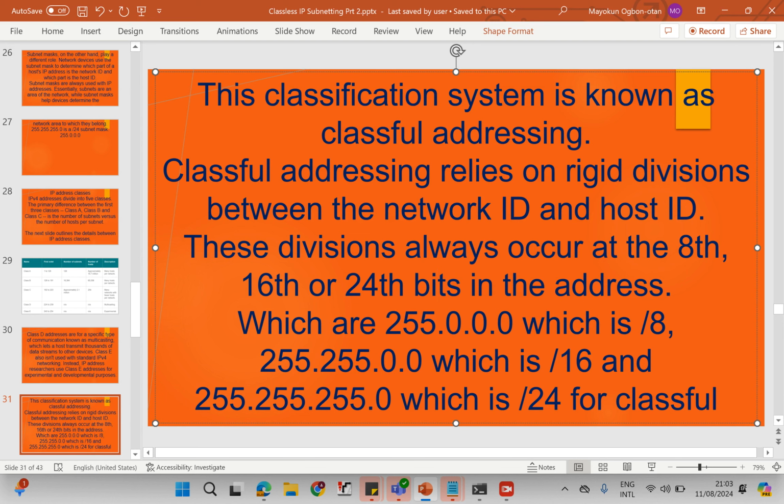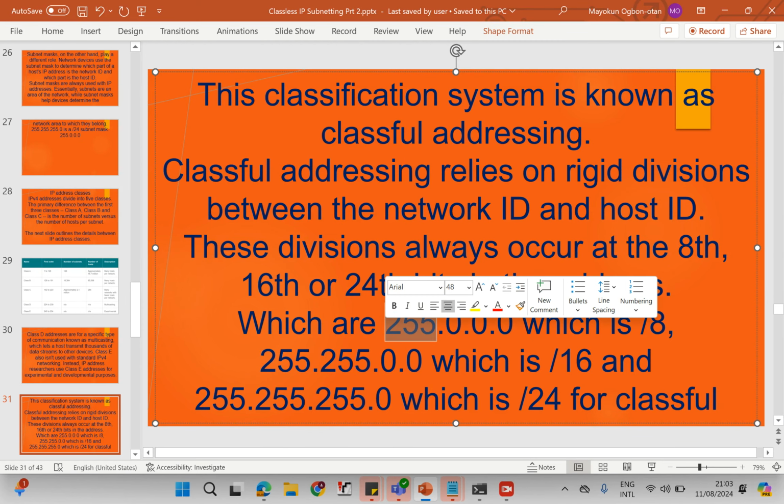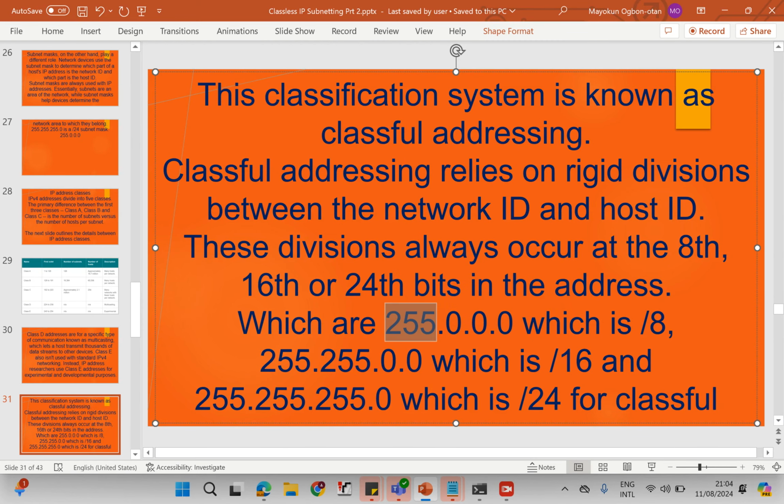So the first 255 is /8, then 255.255 is /16, then 255.255.255 is /24 for classful. It remains here. You can't make any modification in classful subnetting.